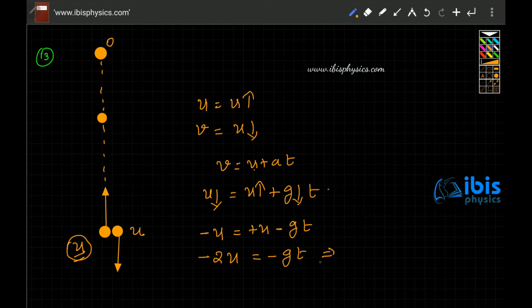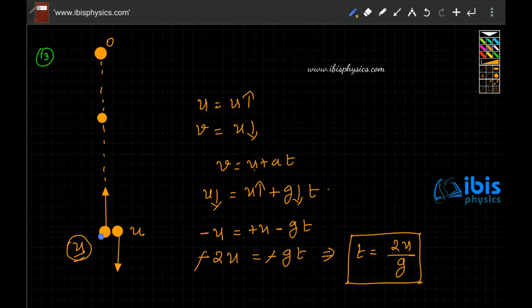Hence from this you know that t is equal to 2u by g. If you throw an object upwards with velocity u, then the time taken to come back to the same point will be 2u by g.